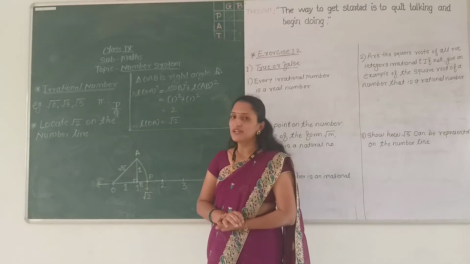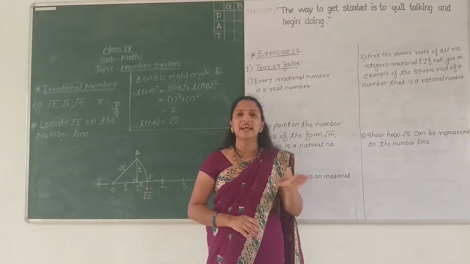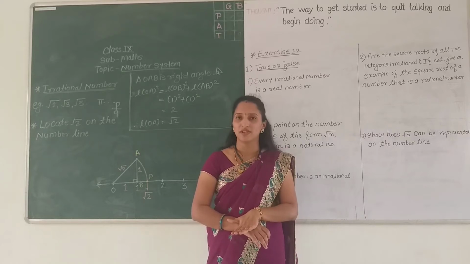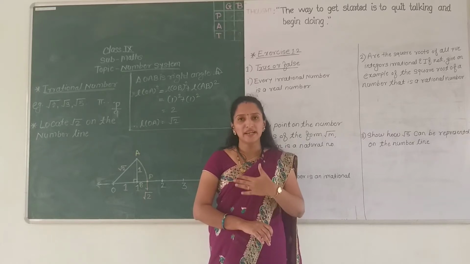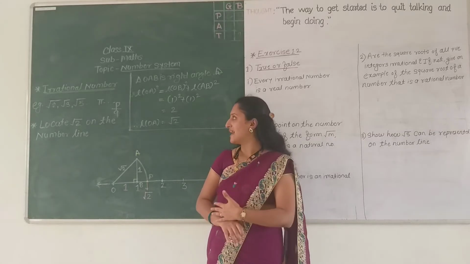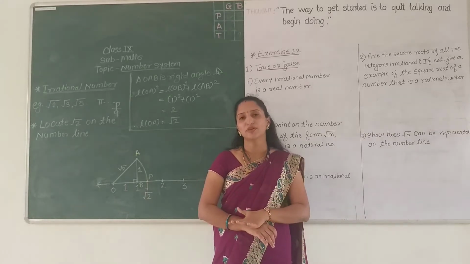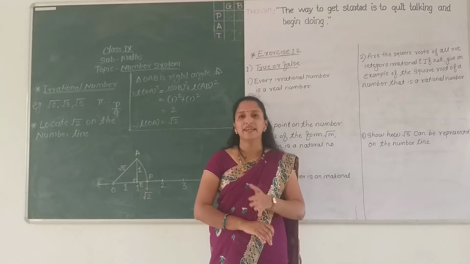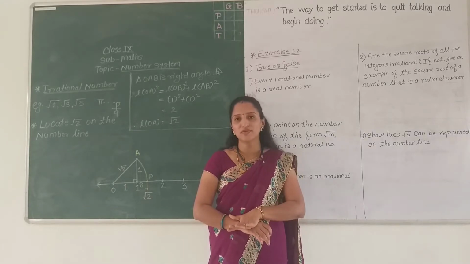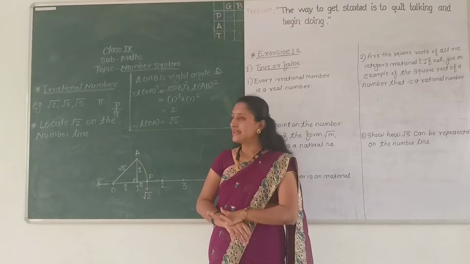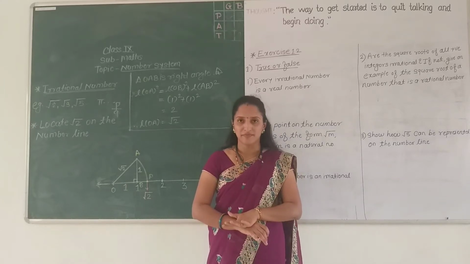So we can define irrational numbers as the numbers which cannot be written in the form of p upon q, where p and q are integers and q is not equal to 0. These numbers are called irrational numbers.